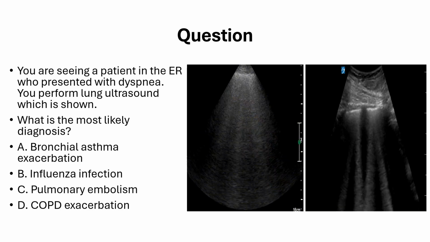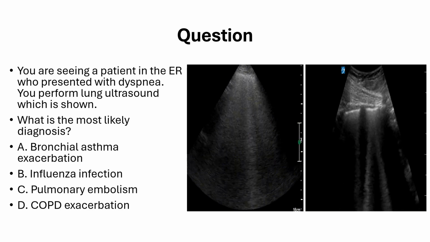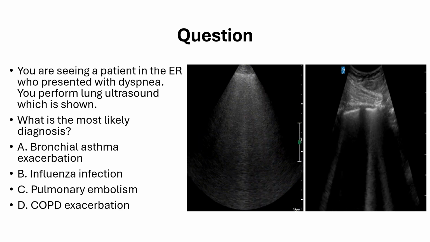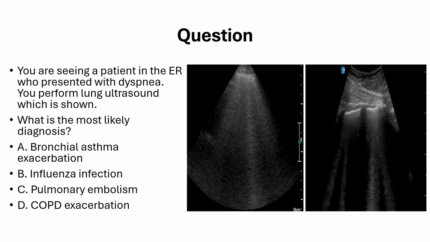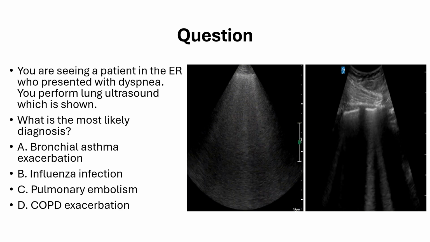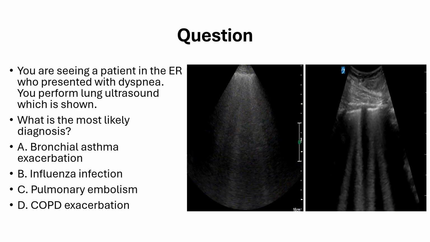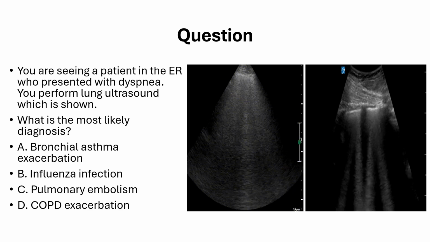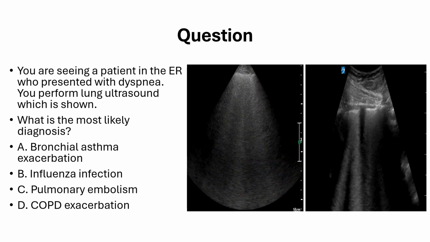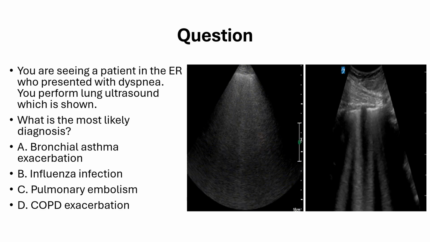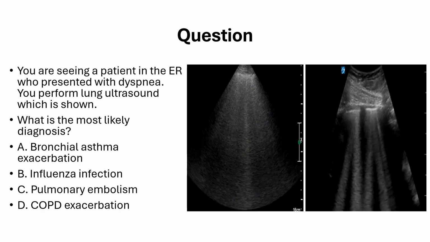On these two images, you see what we call B lines. B lines are vertical lines originating from the pleural line and reaching the bottom of the ultrasound image. It is normal to see up to 3 B lines per view. And in this patient, we see more than 3 B lines per view.